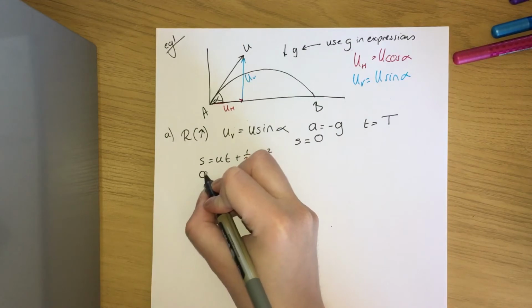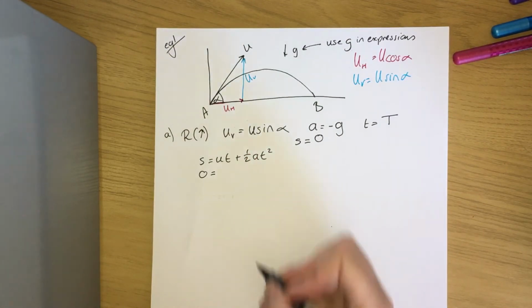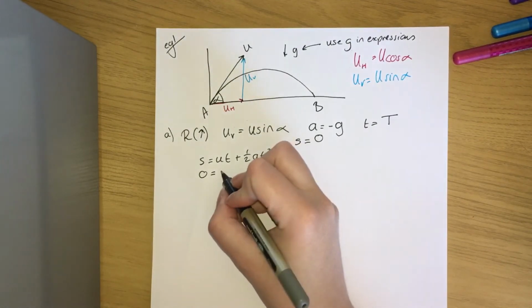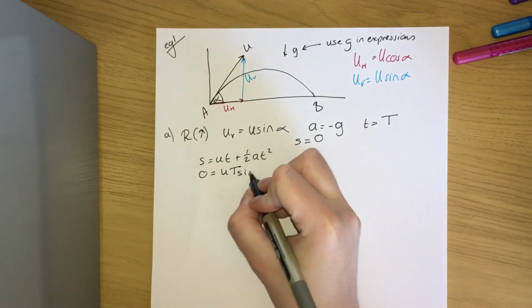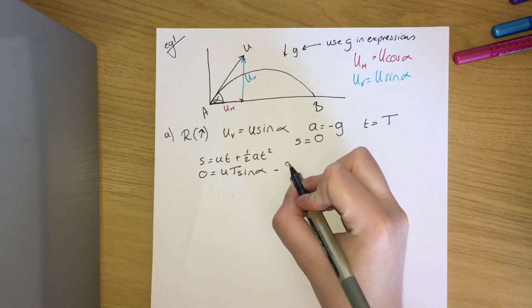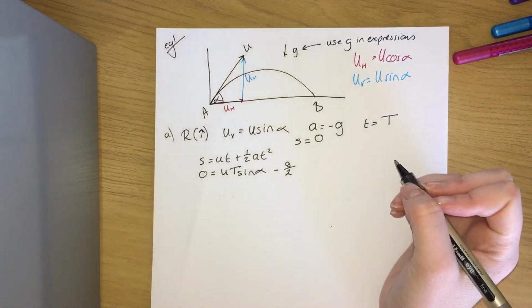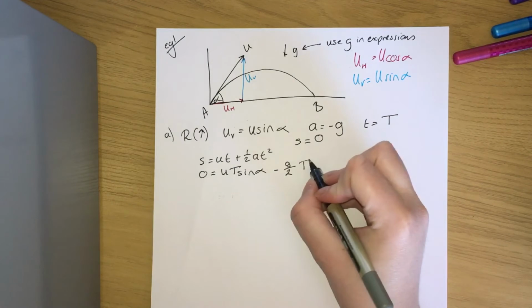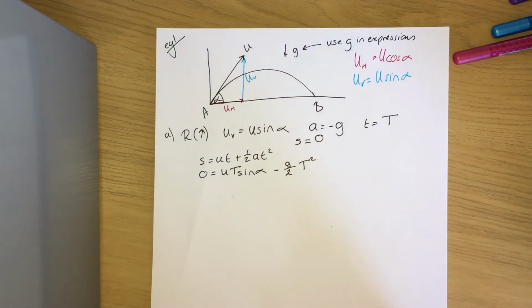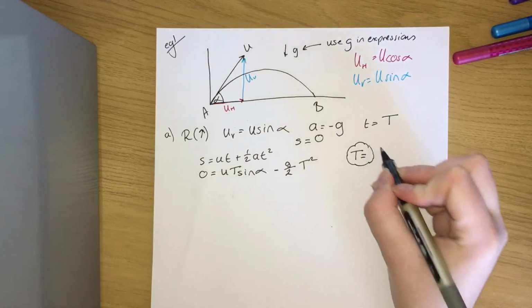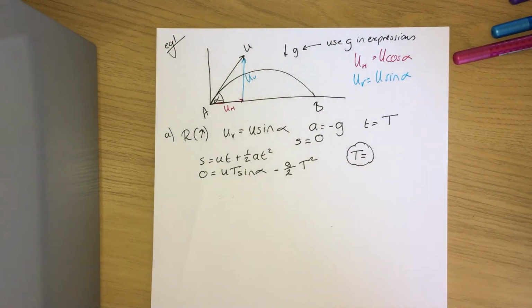Substituting in my values, 0 is u t sine alpha minus g over 2, because I think that's more straightforward than half g, multiplied by t squared. Now we want to find an expression for t, so obviously we're aiming to make t the subject of the formula, t equals.